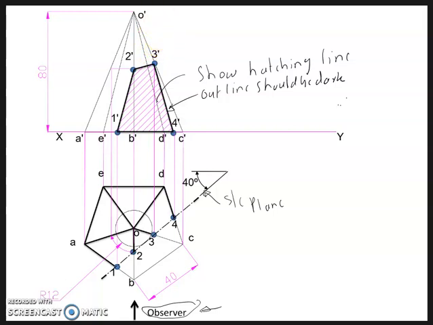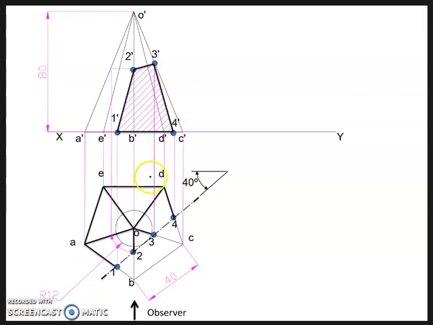Okay. So as you can see, let me just clean up the screen. If you see this small triangle, it is 3 dash 4 dash C dash. Alright. So if you see, the corner C is removed.